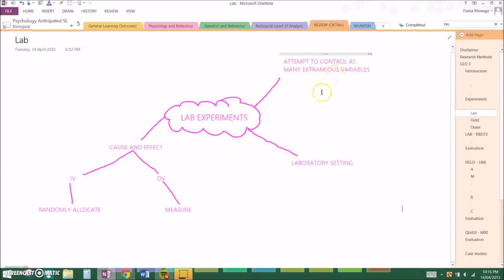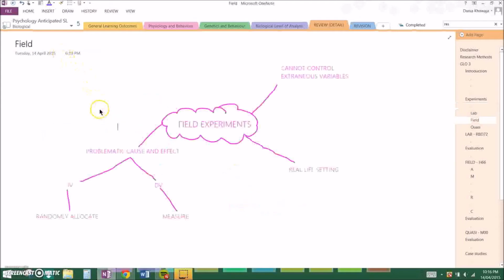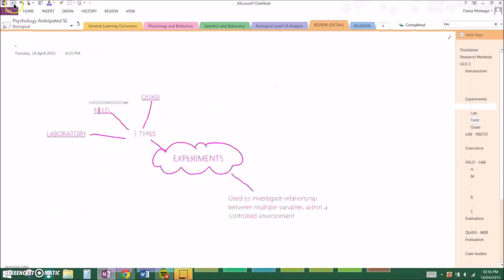And the researchers attempt to control as many extraneous variables. Now, a field experiment has a problematic cause and effect because sometimes it is not always achievable due to the real-life setting. The IV is still randomly allocated, or researchers try to, but they cannot control extraneous variables due to the real-life setting.